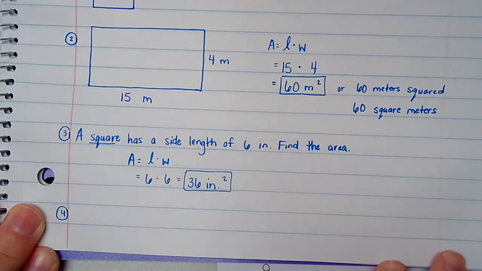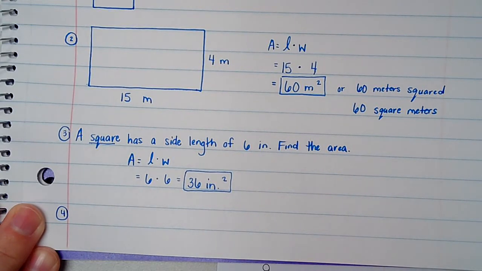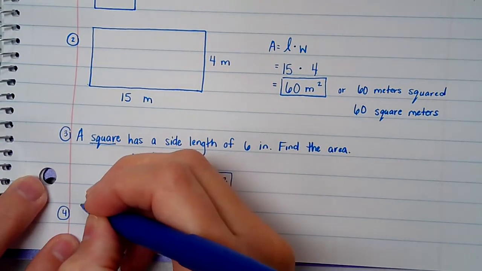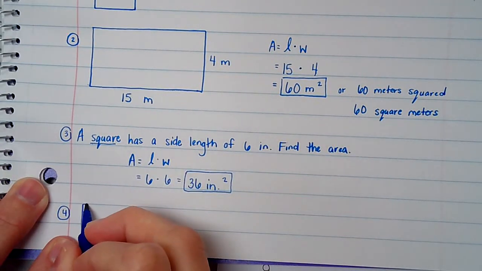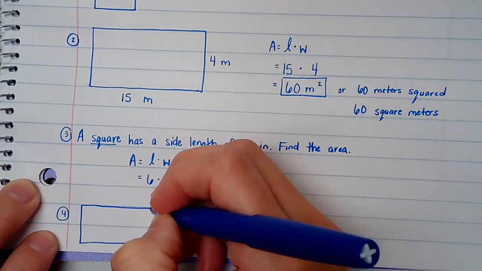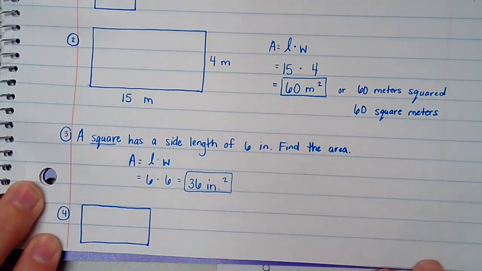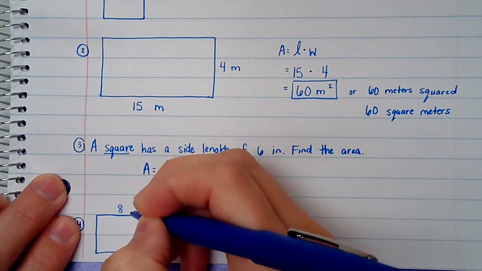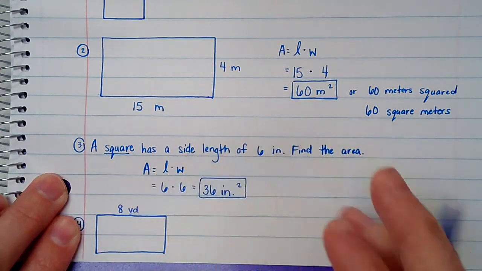All right, let's say for this one, I'm just going to draw a picture due to my lack of room. All right, let's say they tell you that this side right here is 8 yards.